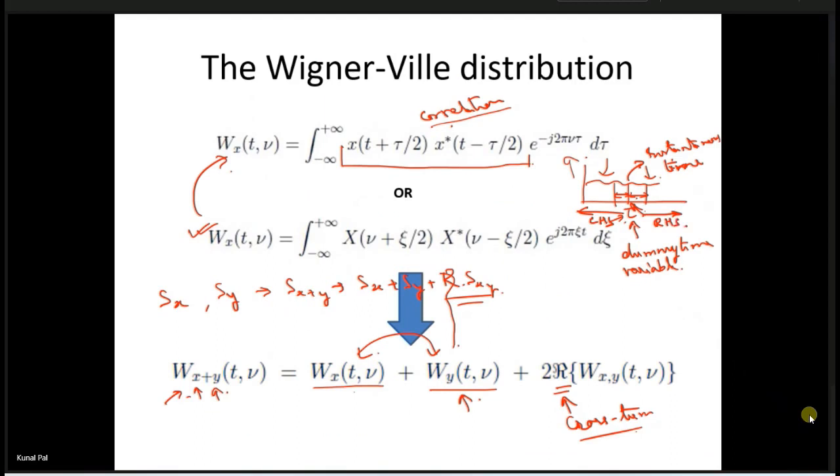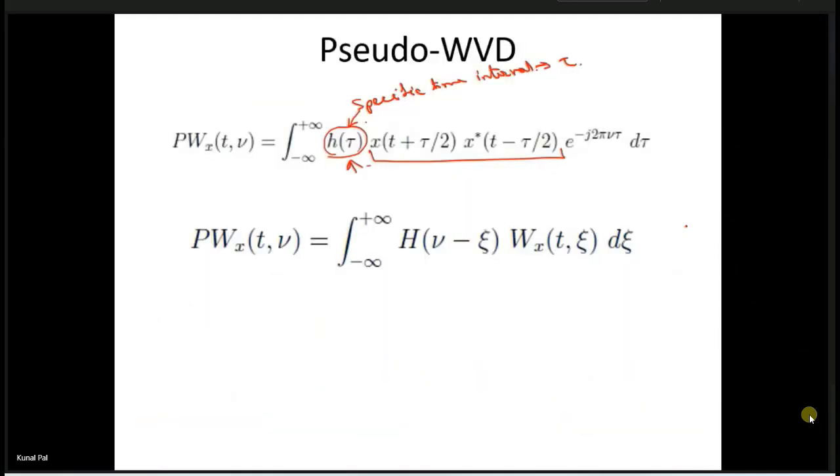However, in this distribution, we are including a window function, and due to the inclusion of the window function across this tau, we are limiting the time domain.